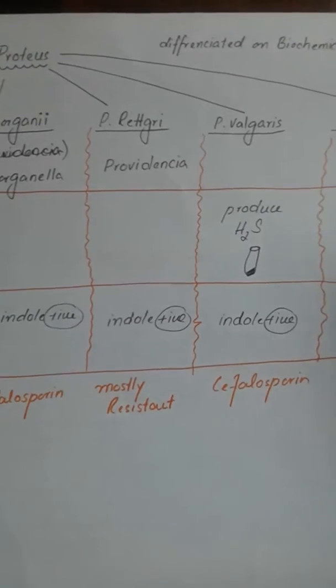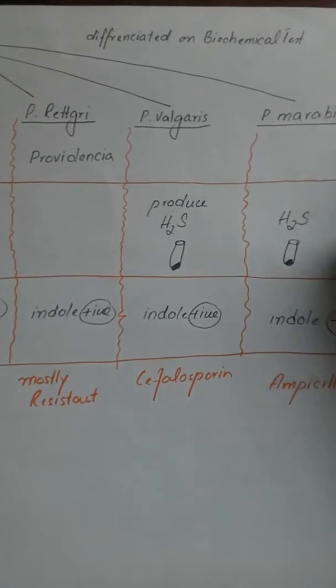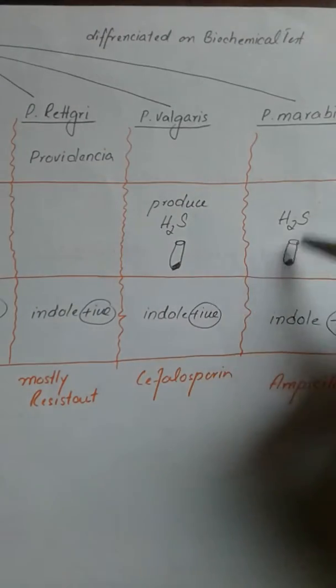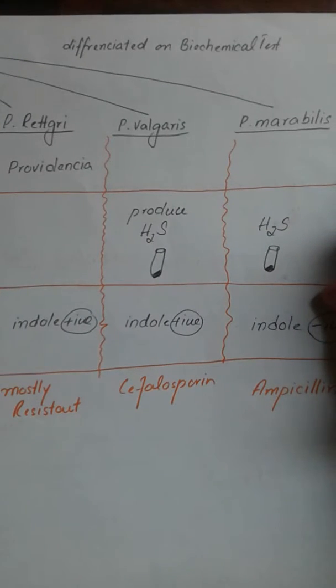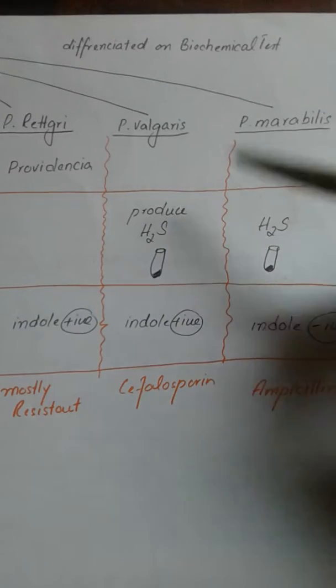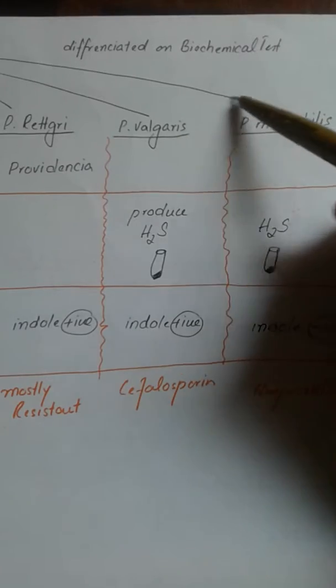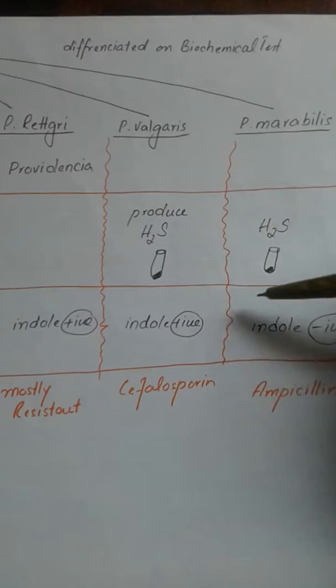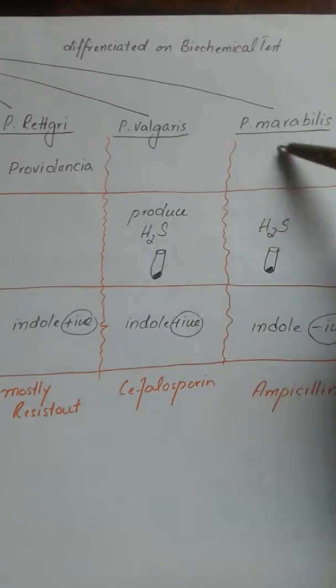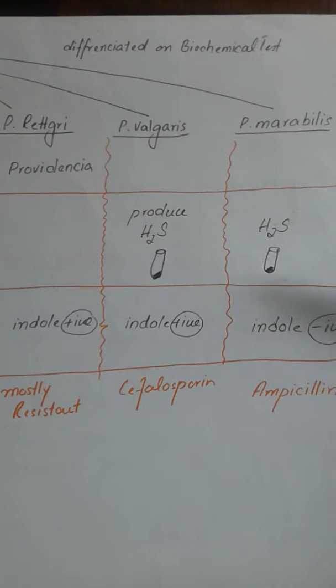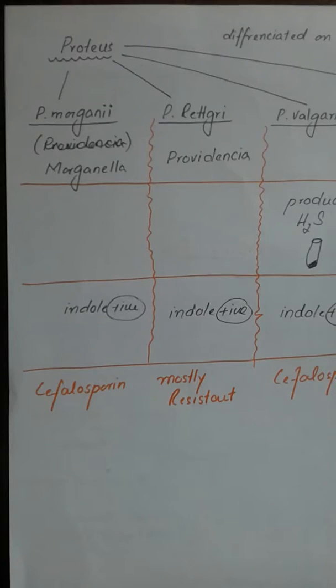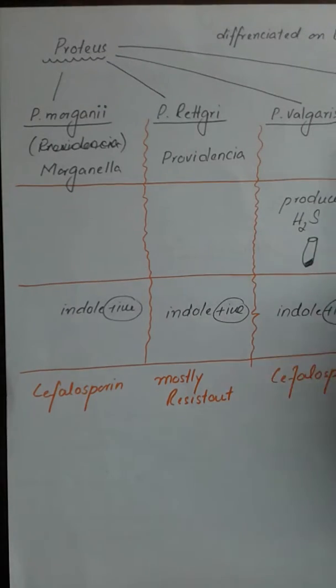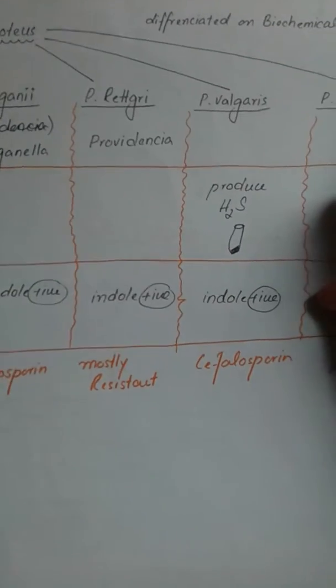In the TSI test, you can find acidic butts in both P. mirabilis and P. vulgaris, and both of these organisms produce H2S gas, whereas Providencia and Morganella do not give acidic butts or H2S gas on this test.